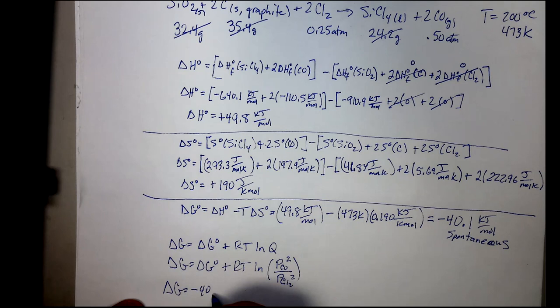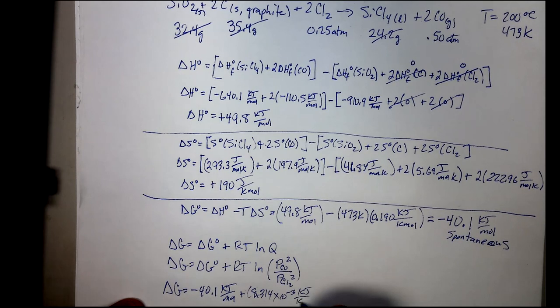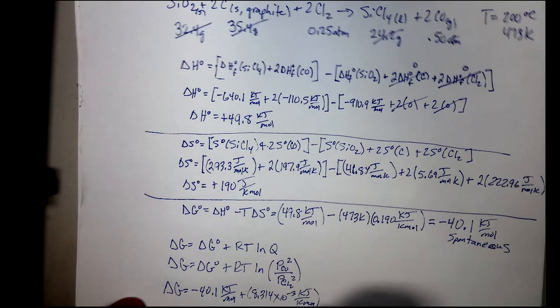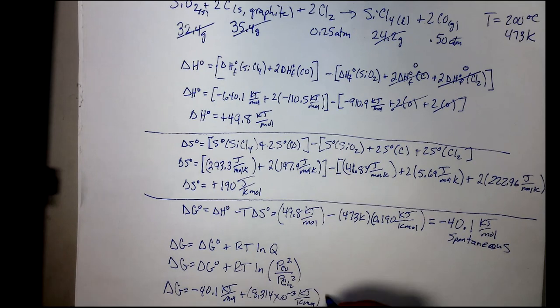Negative 40.1 kilojoules per mole plus 8.314 times 10 to the negative third kilojoules per Kelvin mole. Again, making the units match. Temperature 473 Kelvin.